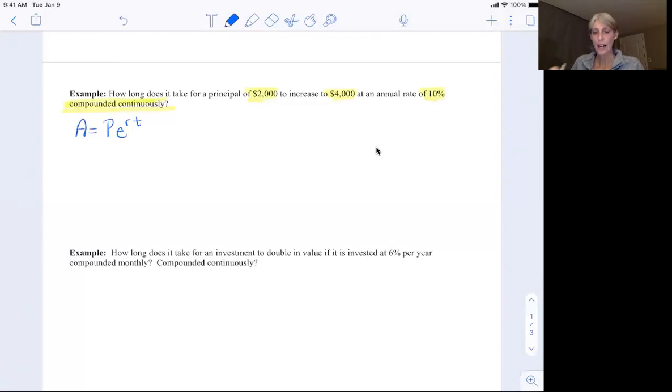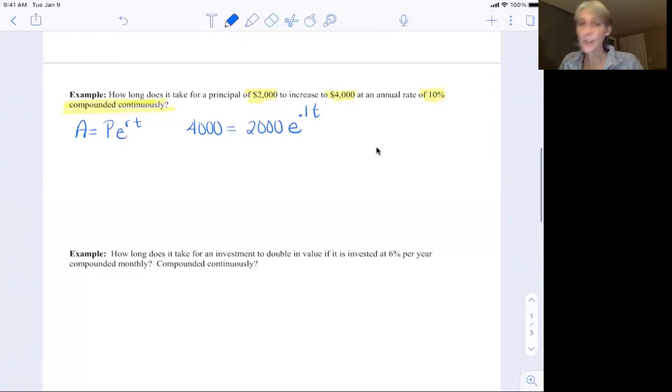Now I have to decide what to put where. I want it to increase to 4,000, starting with 2,000. At 10%, it's still going to be 0.1, and I'm solving for t. Notice your variable is the power. Isolate your variable.